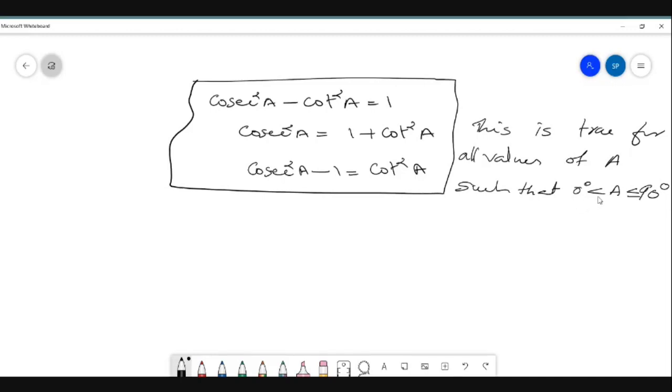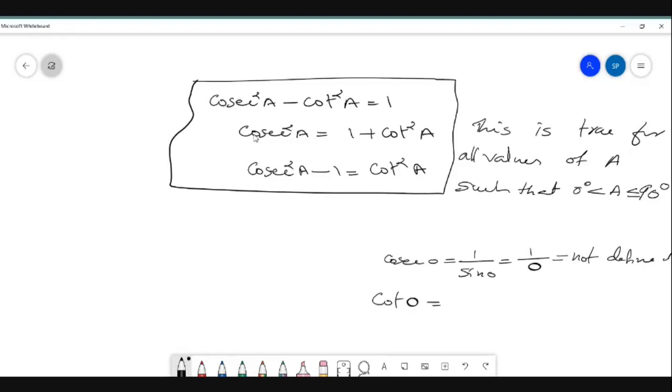Why is it not true for 0? Because we know what cosec 0 is. Cosec 0 is 1 by sine 0. What is sine 0? It is 0. So 1 by 0 is not defined. What about cot 0?